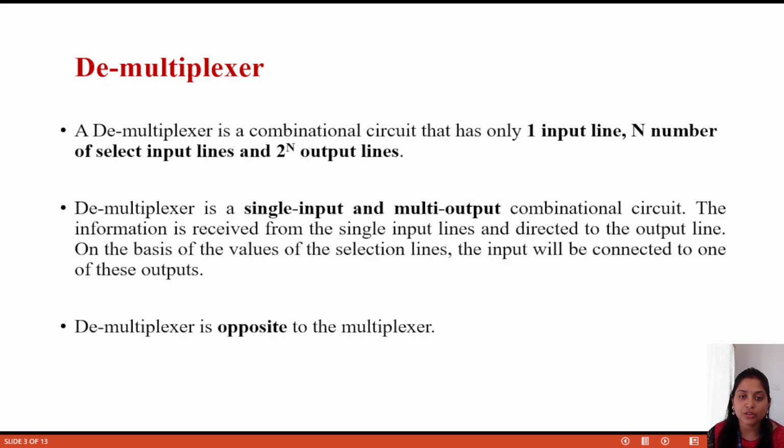And it is actually the opposite of the multiplexer. In the multiplexer video, if you didn't check it, then please go and check my multiplexer video, the number of inputs is large and the output is only one. But in this case, the input is only one, and there are many outputs.